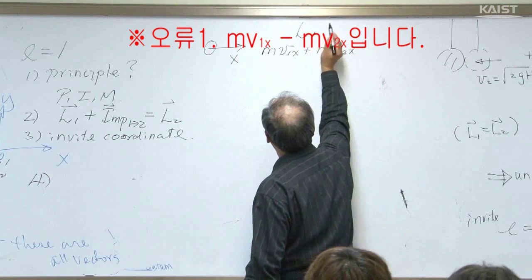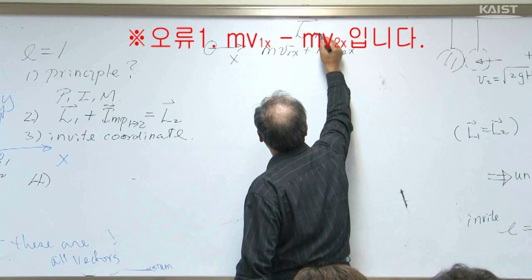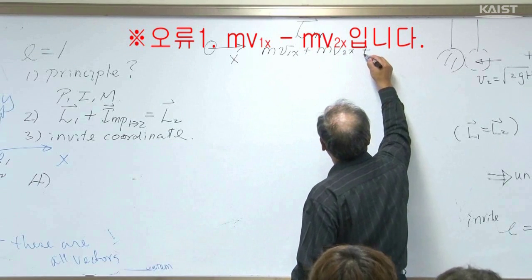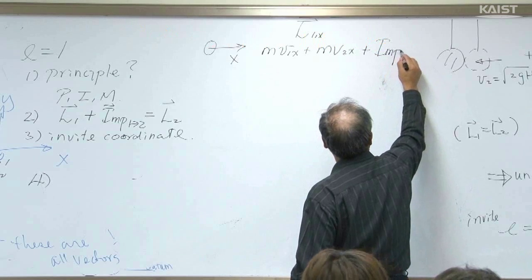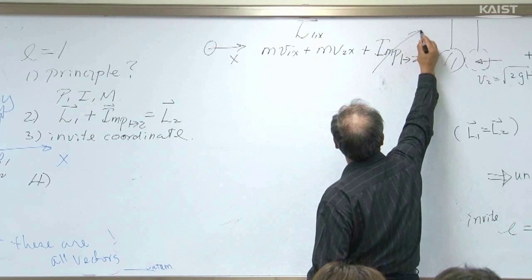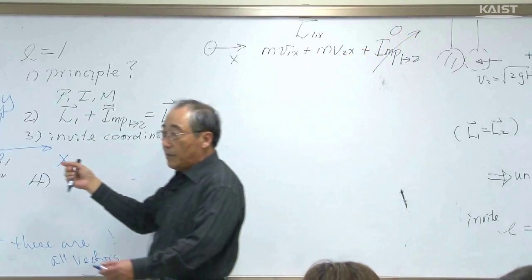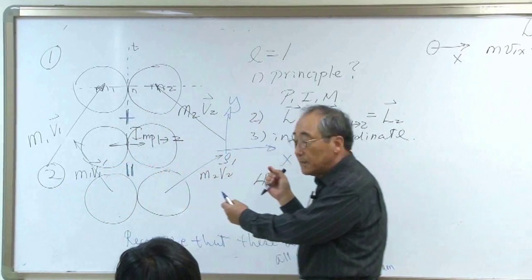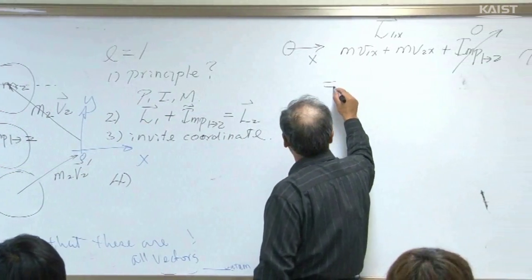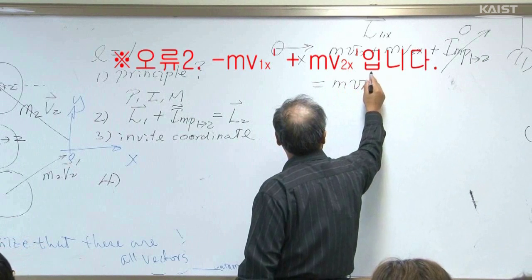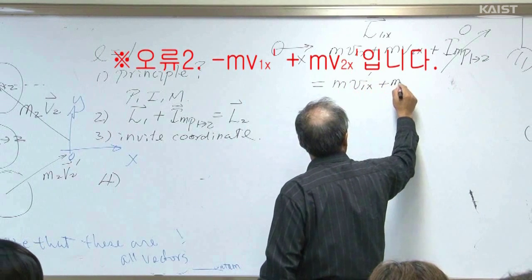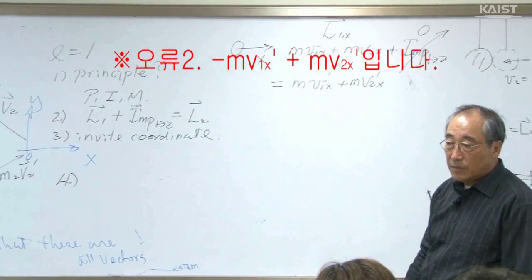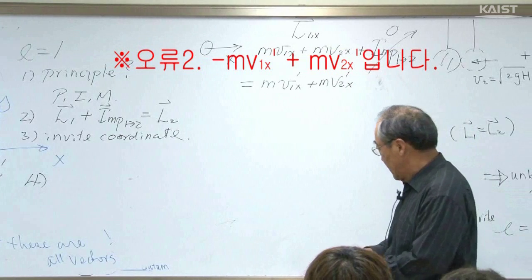This is the linear momentum in the x direction, right? Plus impulse 1 and 2, that is 0 because I have equal and opposite force. And that has to be equal to m1v1 prime x plus m2v2 prime x. You have a question? Okay.